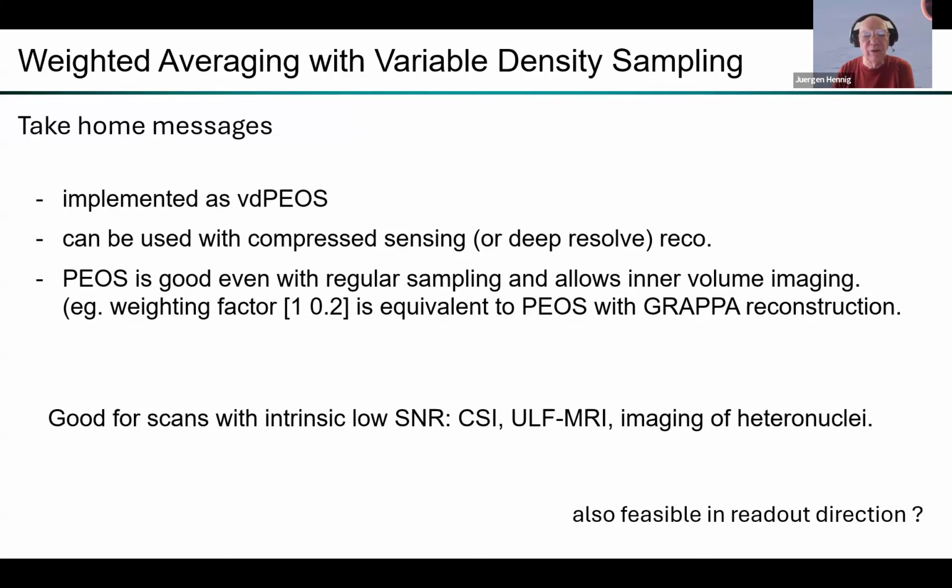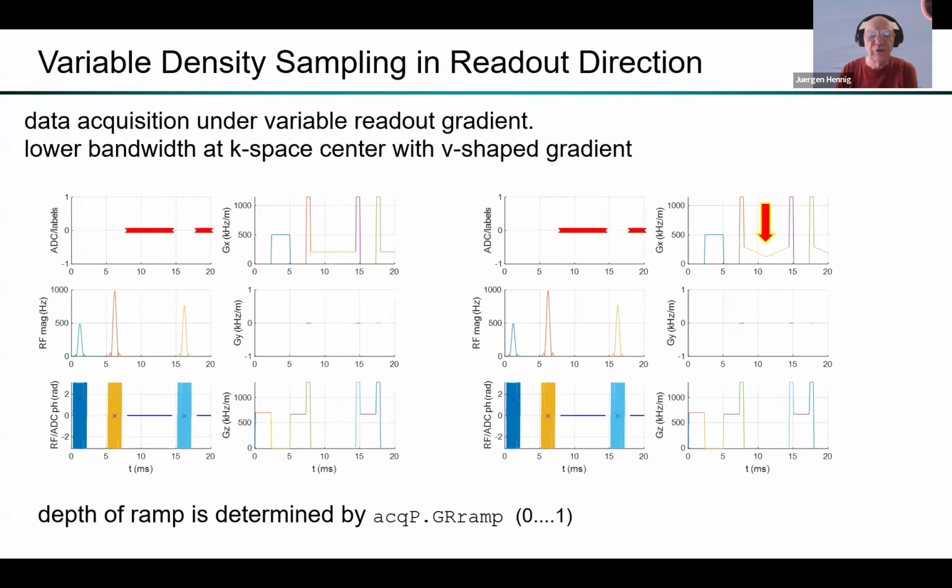It wouldn't give you anything to leave out samples in the readout direction, but what you still can do is an uneven sampling in the readout direction by reading out data not under constant readout gradient like you normally do, but using, for example, such a wedge-shaped readout gradient, where then at the center of your acquisition window, which will then also be the center of K-space, you have a lower gradient, meaning you have a lower bandwidth, meaning you have a higher signal-to-noise around the center of K-space.